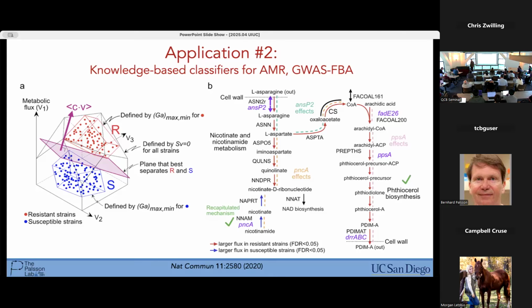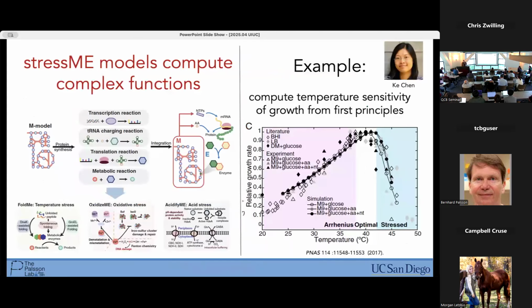So FBA can be used for all kinds of interesting purposes, and it's a relatively simple model. Then we built the so-called ME models that had metabolism plus expression. And today I've been dazzled with the details of this at my different meetings, but this is just a straightforward stoichiometric representation, not in space or protein complexes, but just the overall process.